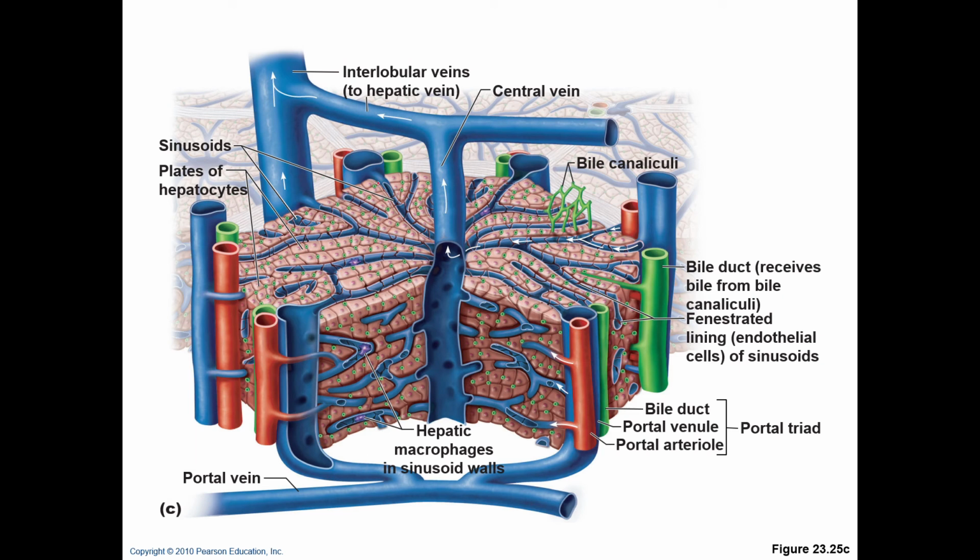You see this is a lobule, and in each corner of the lobule you have three structures: the bile duct, this green one, the portal arteriole, and the portal venule, and these three structures together are called the portal triad. So in each corner there is a portal triad, and in the portal triad you have a bile duct, an arteriole, a small artery, and a venule, a small vein.